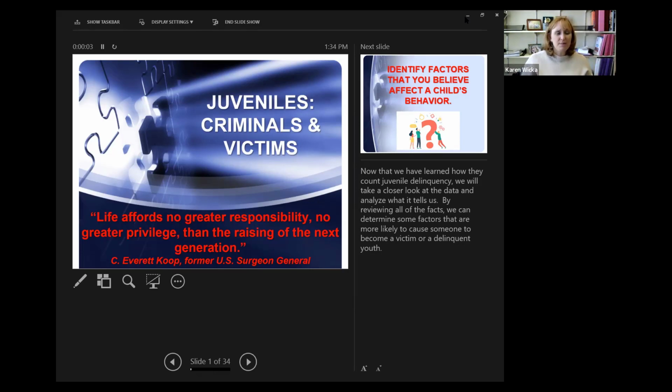So when you think about all of these categories, so individual, family, social, peer, community, education, if you had to pick one category that you think is the most predictive, which one would it be? Which one do you think has the most impact on whether or not a juvenile becomes delinquent?